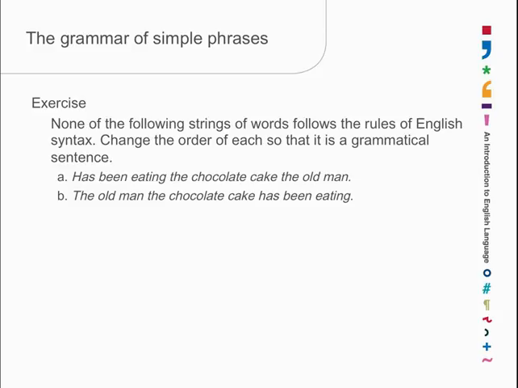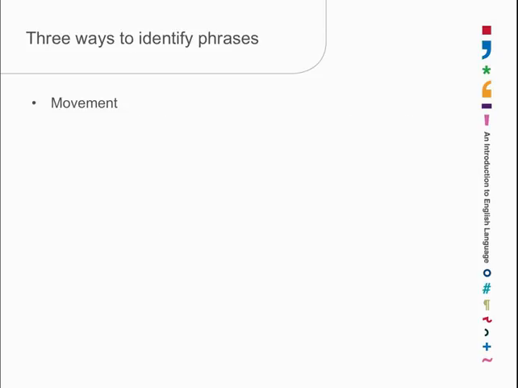If we change the order of this one, we get the same basic sentence order, and the same with the third one. And you'll notice something interesting. The units that we've shifted around here, the old man and the chocolate cake in particular, have stayed together. They seem to have a need to stay together. Well, the things that have stayed together are phrases.